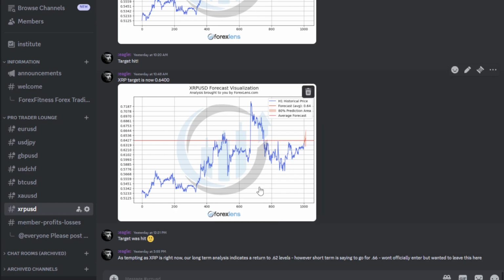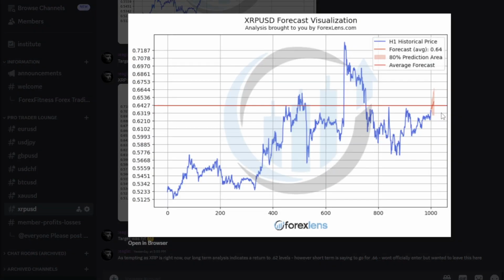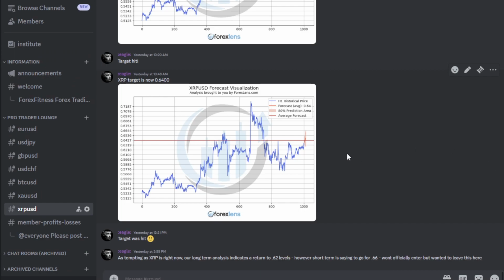We just wanted to let everyone know that there's going to be that retracement to the 0.62 at the very least, and in due time we'll see how things go. They should be going up there pretty soon, but we'll see about that.